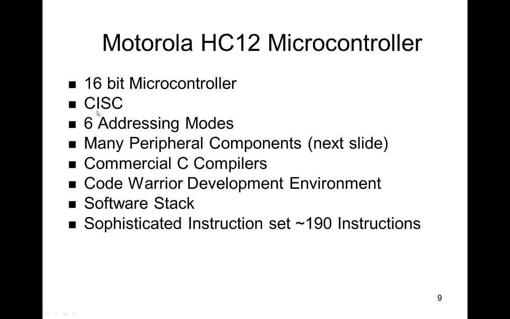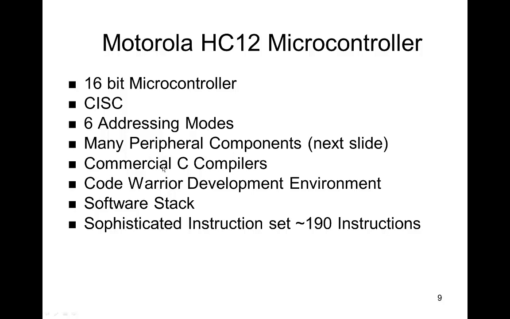Whereas a reduced instruction set computer, or RISC architecture, is one that has instructions that are very, very simple, like add or multiply, things like that. It had 6 different addressing modes. Addressing modes are just different ways of getting at data. You can provide an address directly, or you could maybe use a pointer, so those are 2 different examples of addressing modes.